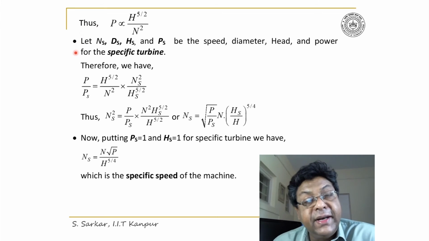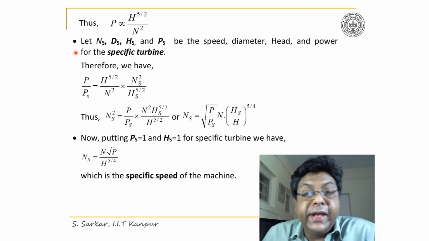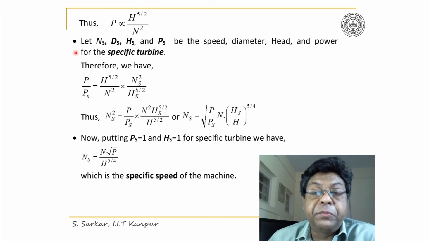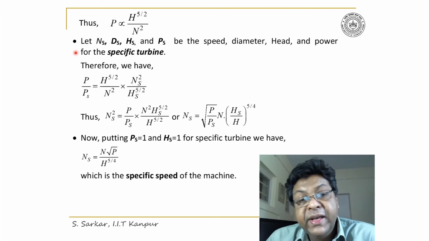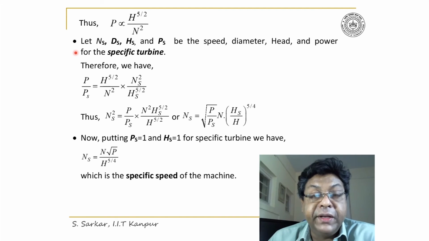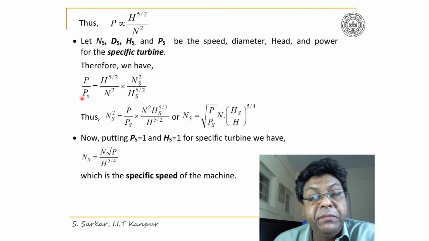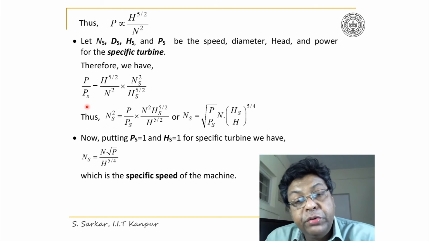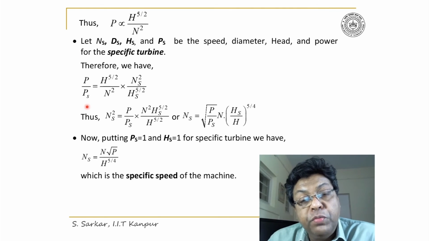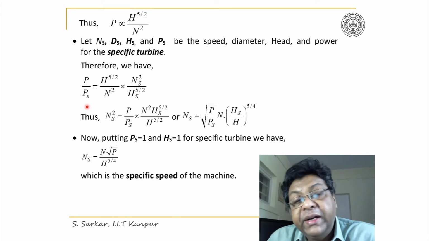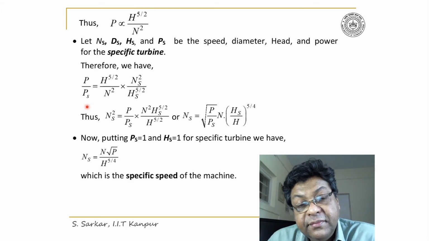Now let Ns, Ds, Hs and Ps be the speed, diameter, head and power of the specific turbine. Therefore, we can write P by Ps is equal to H to the power 5/2 by N squared into Ns squared by Hs to the power 5/2.